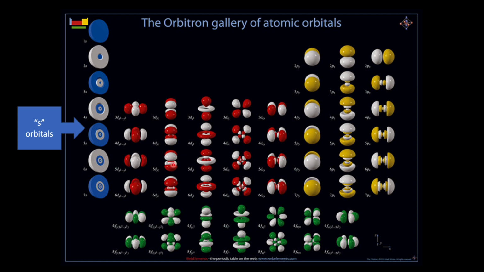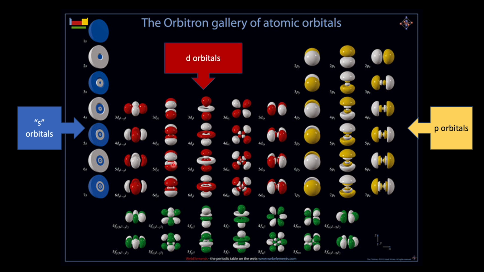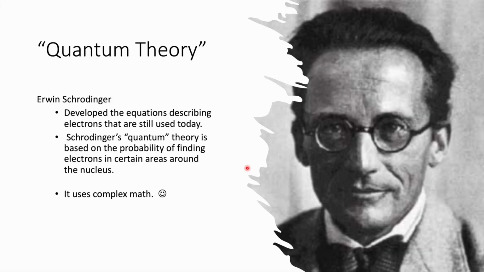They come in s-shaped orbitals or spherical shaped, p-shaped orbitals or propeller shaped, d-shaped orbitals, which I think kind of look like a double set of dumbbells in some cases, and then the f-shaped orbitals. Now remember, every one of these contains all the electrons before it, which is why we often give up and just say that electrons exist in clouds.